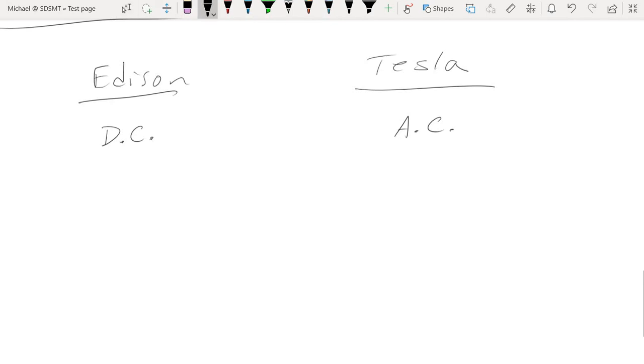And Edison was an inventor, capitalist. He had tens of thousands of patents. Most of them didn't work, but if you're going to invent something and you do get lucky and it's a big breakthrough, then you make lots of money. So Edison had all of these ideas, and in all honesty, the math for direct current is easier, even though it's not as efficient.